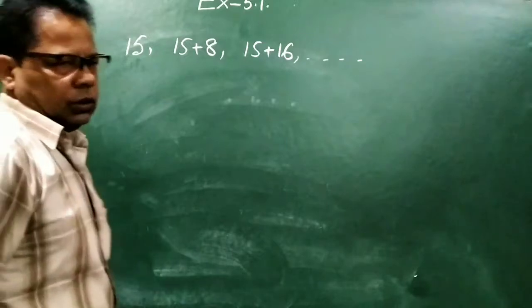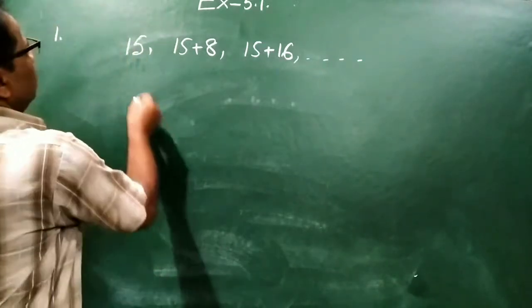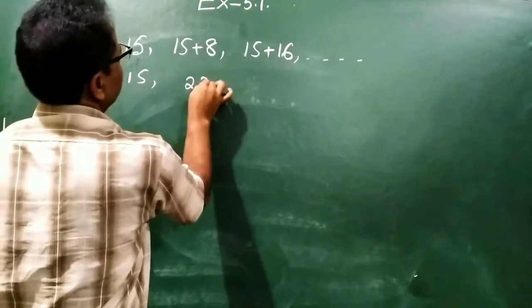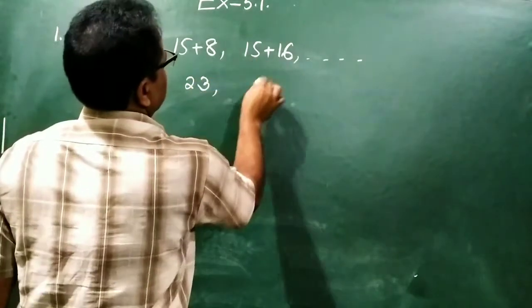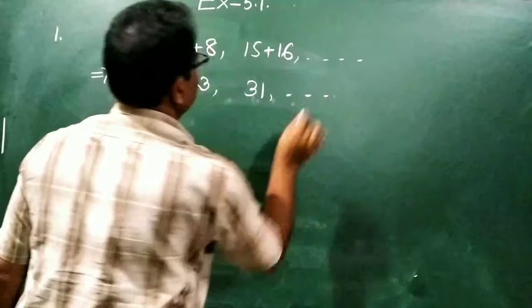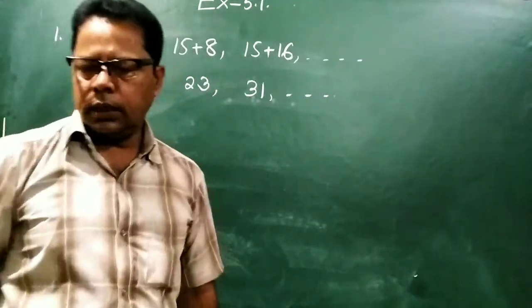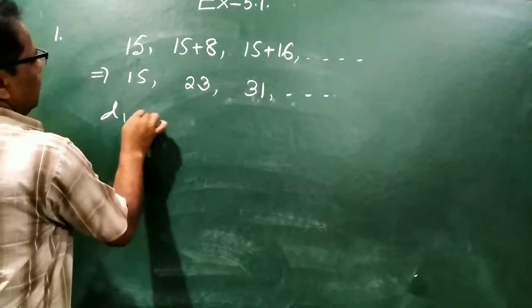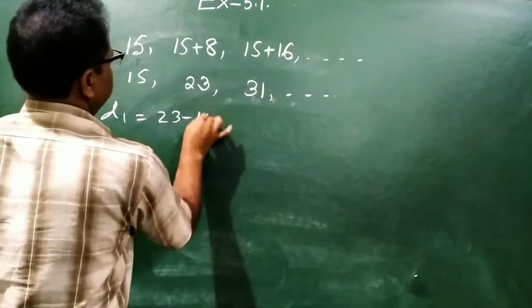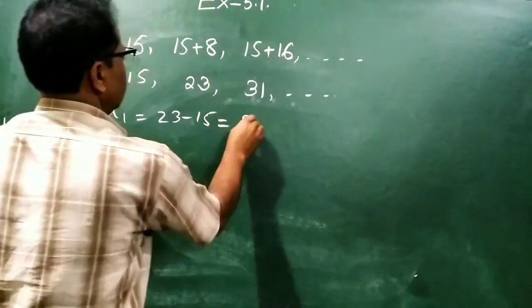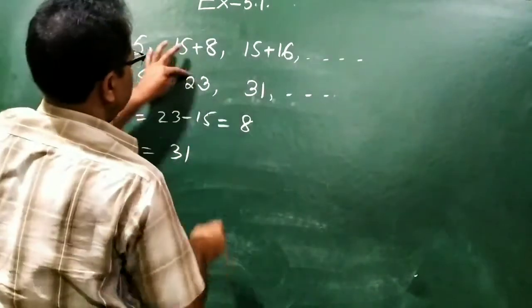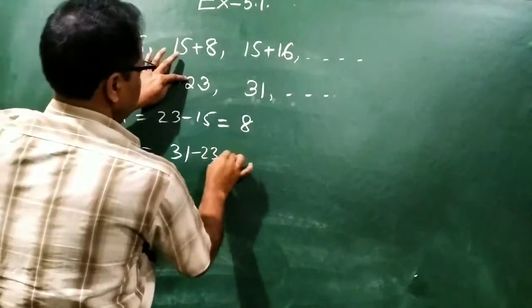So let's check whether this is an arithmetic progression or not. Then this is 15, 23, 31, and so on. Is it an arithmetic progression? Here D1, 23 minus 15, is 8. D2, 31 minus 23, is also 8.